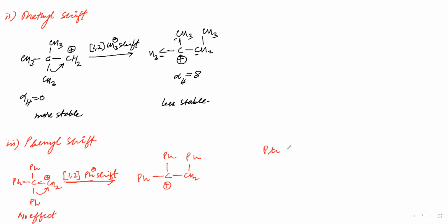Ph is equal to, sorry, not minus, this is a benzene ring. If there is a benzene ring, that means this can be engaging in resonance. So resonance will be stabilizing it. So resonance stabilization.